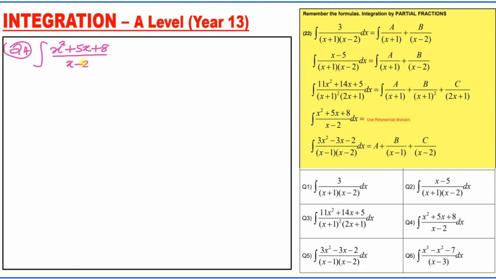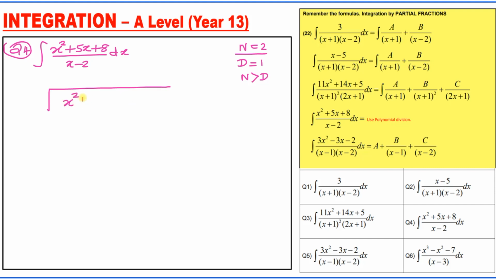You need to brush up your partial fraction skill, right? Numerator's power is 2 and the denominator's power is only 1. Now numerator greater than denominator. In this occasion, you need to use the polynomial division. That's what we are talking about, polynomial division, right?